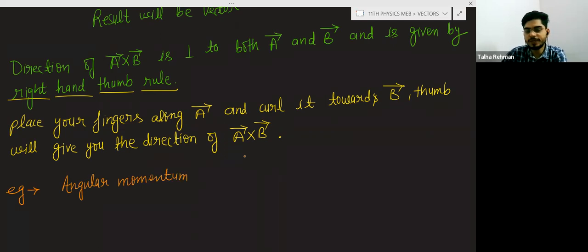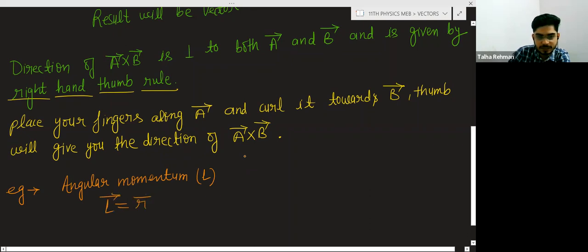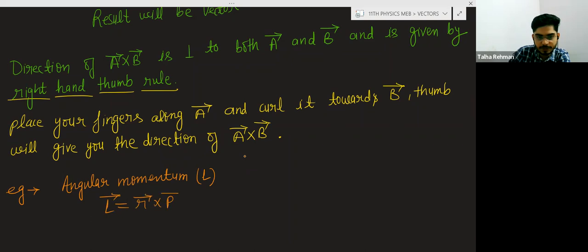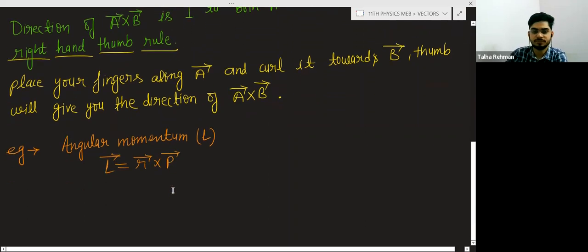Like linear momentum in linear motion, in rotational or circular motion there is angular momentum. Angular momentum is represented by capital L, it is a vector quantity, and it is given by R cross P. R is the position vector, P is the momentum vector.